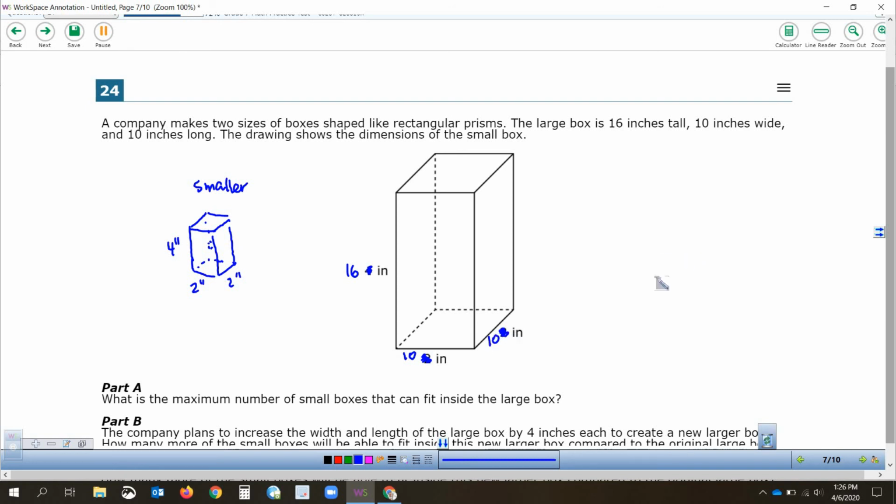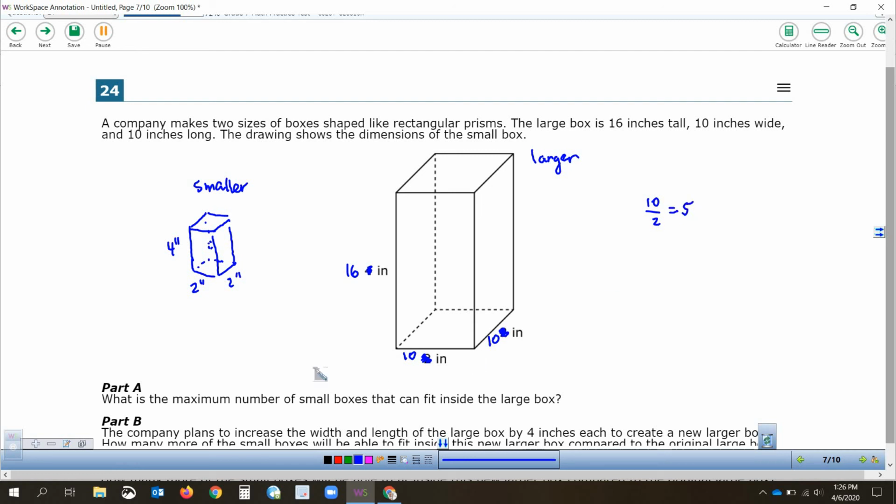All right, so the question is, for part A, what is the maximum number of these smaller boxes that can fit into the larger box? Let's take a look going across the front first. The larger box is 10 going across, and the smaller one is 2 going across. So if we take a look at that as the width, 10 divided by 2 is 5.